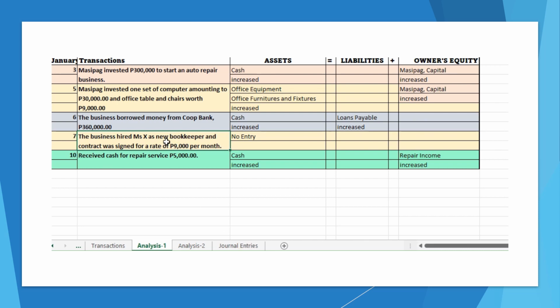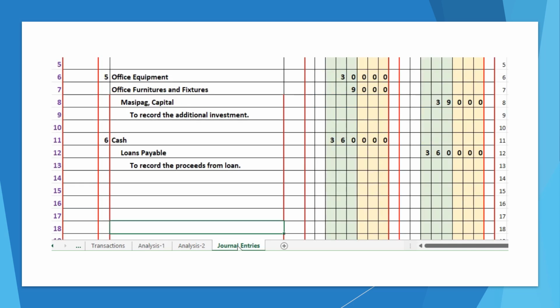Unless it is in actual, you cannot do that. But for classroom purposes, you have to write. But let us assume that this is the actual scenario. Therefore, no entry in 7.